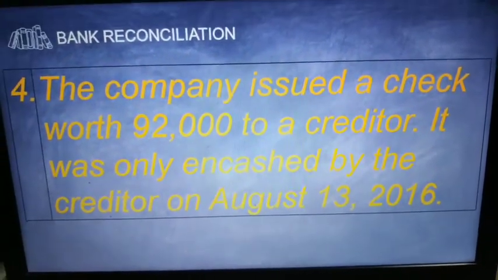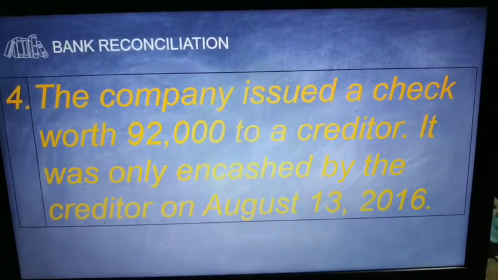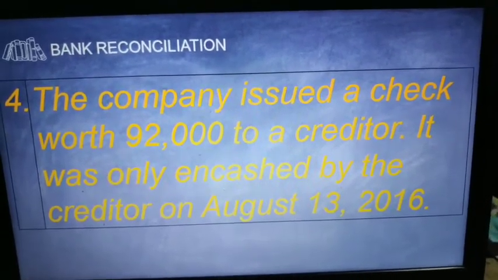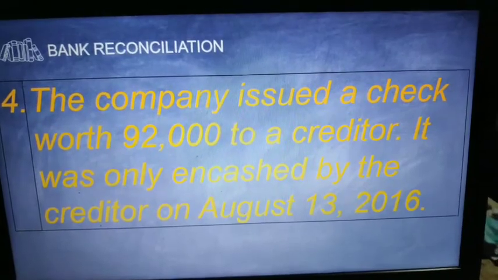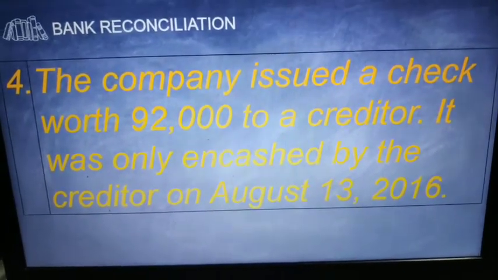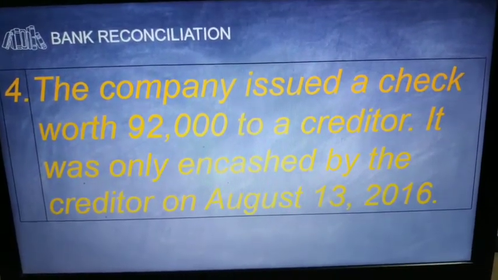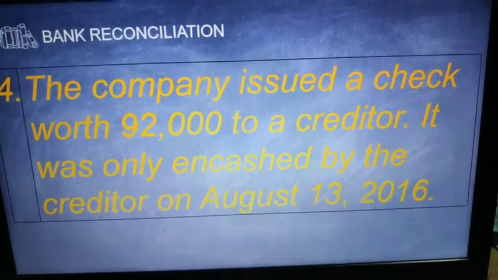So, the problem number 4, the company issued a check worth 92,000 to a creditor. It was only in cash by the creditor on August 13, 2016. As I've said a while ago, the bank reconciliation we are making is only for July.